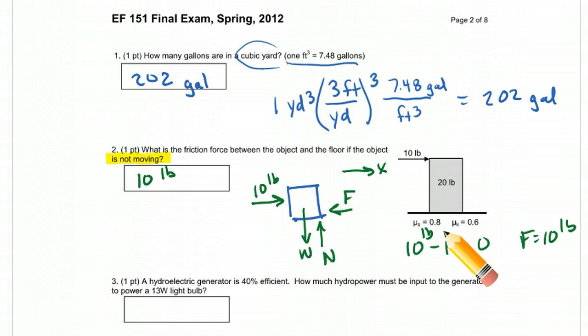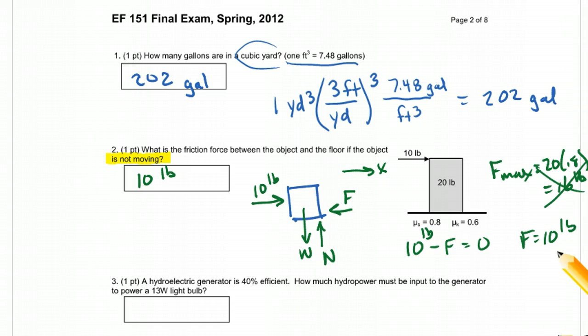To see if it were sliding, you would take the normal force, which in this case is the same as the weight. So that's 20 pounds times the coefficient of static friction, 0.8. So the maximum friction force would be 20 times 0.8, or 16 pounds before it would start sliding. That's the wrong answer.